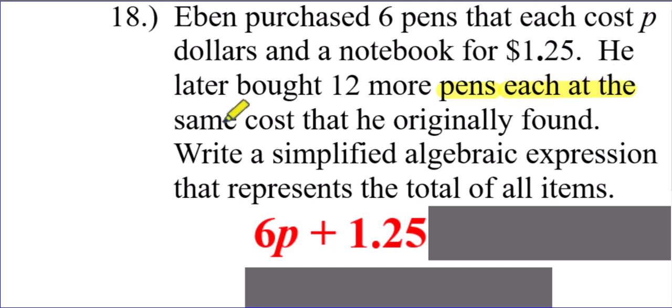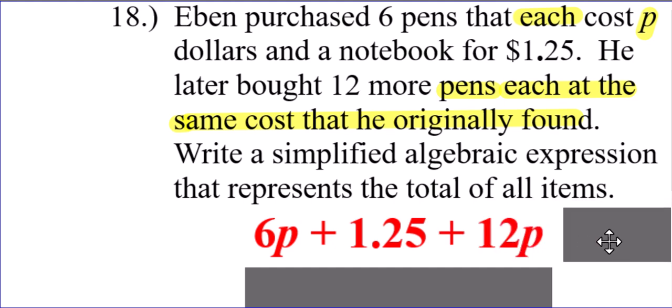Each at the same cost that he originally found. What was that same cost that he originally found for the pens? Oh, it was the cost of P dollars each. So, just like you did 6 times P, it's 12 times P, because it's 12 for each at the same cost that he originally found. That was the cost of P dollars.